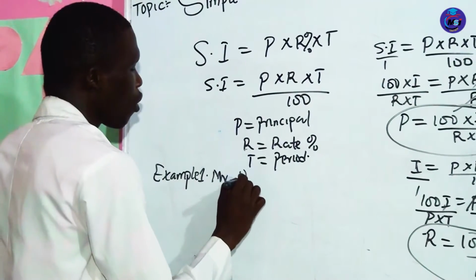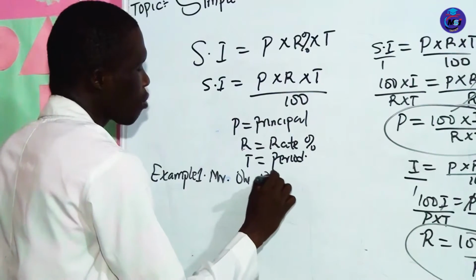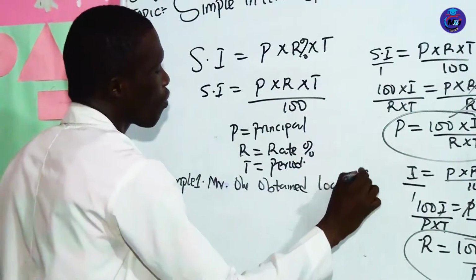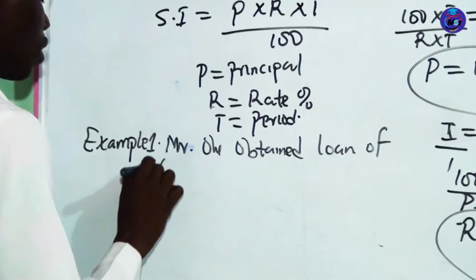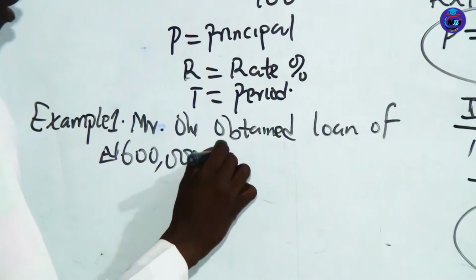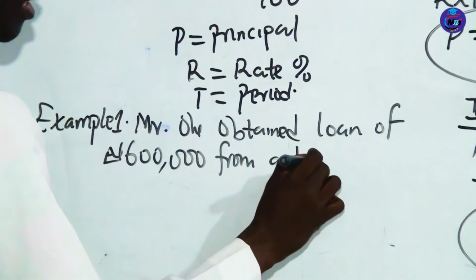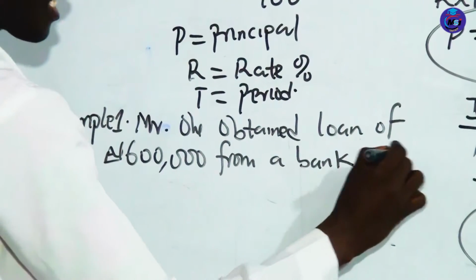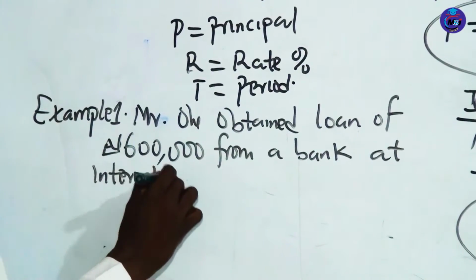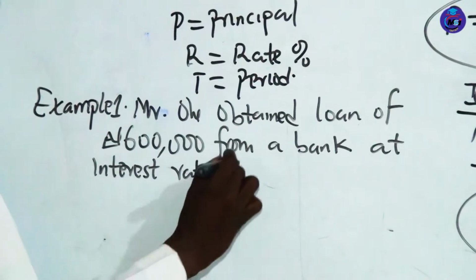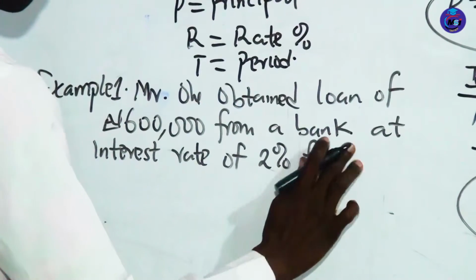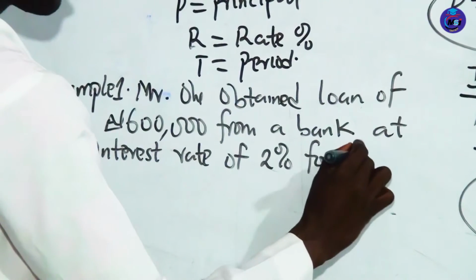Mr. Olu obtained a loan of 600,000 naira from a bank at an interest rate of 2% for 5 years.